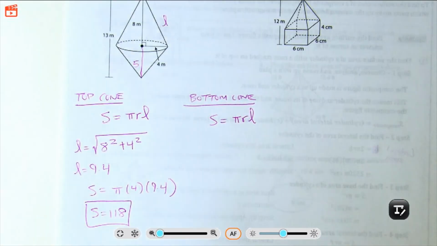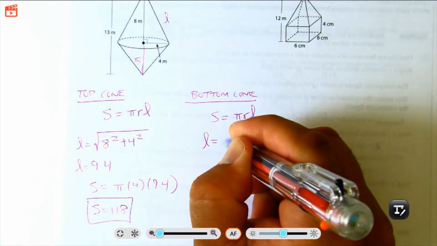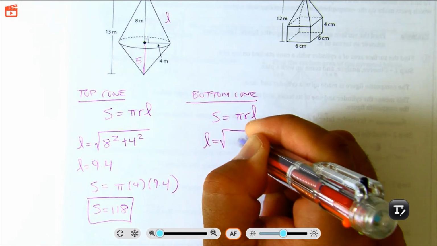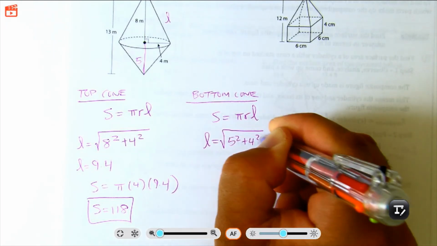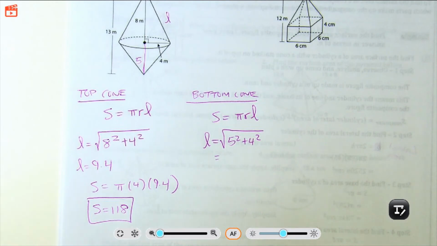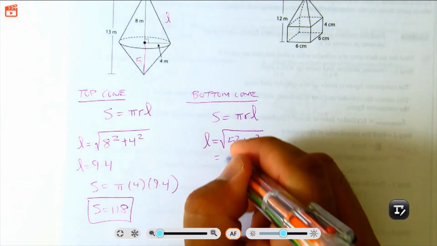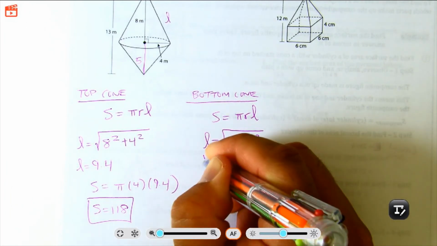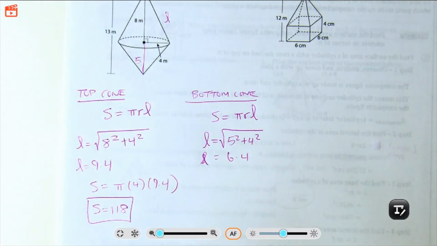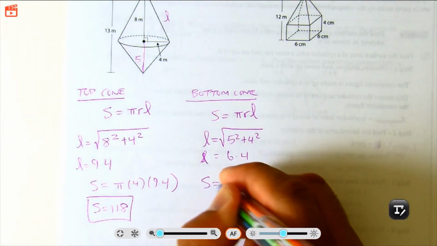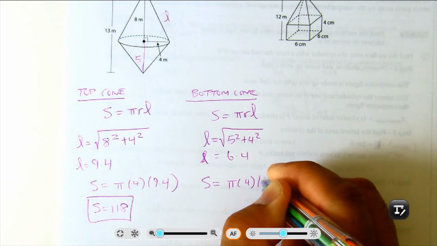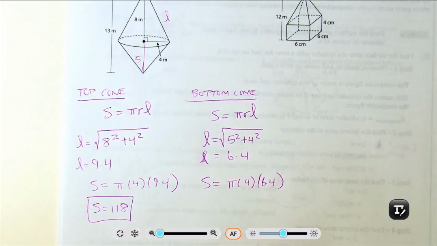The slant height for this one is going to be the square root of 5 squared plus 4 squared. So that's the square root of 25 plus 16, and that is 6.4. So the slant height is 6.4. So now my formula would be pi times 4 times 6.4. So 3.14 times 4 times 6.4 gives me 80.4.